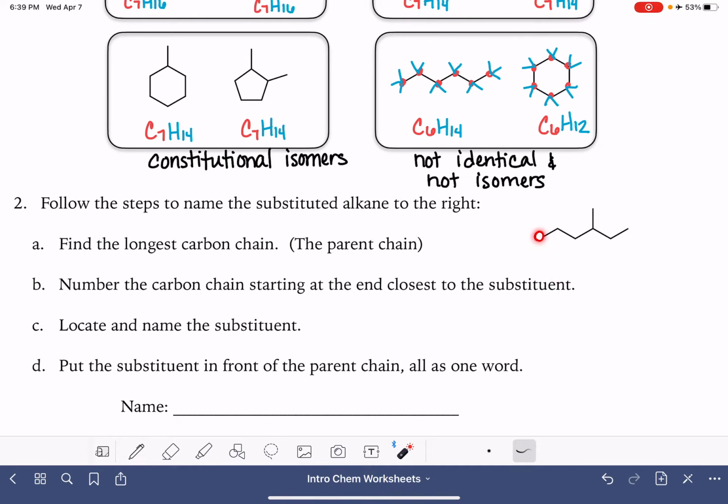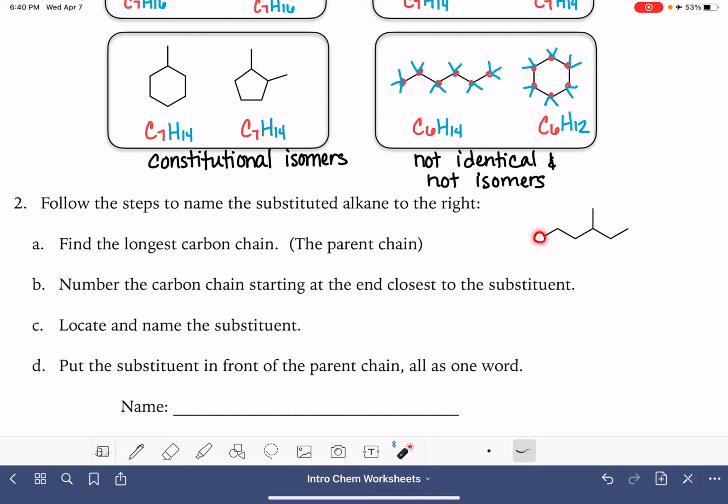So you want to keep in mind that molecules are not written like a book. They don't necessarily move from left to right. They could move from left and then up, or they could move from the top down, something like that. So you want to consider all possibilities when you're trying to find the longest continuous chain of carbon atoms.